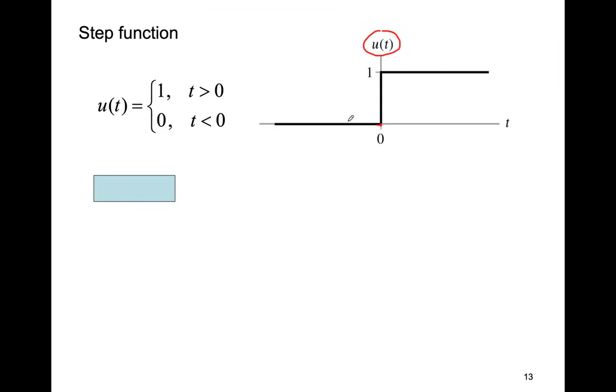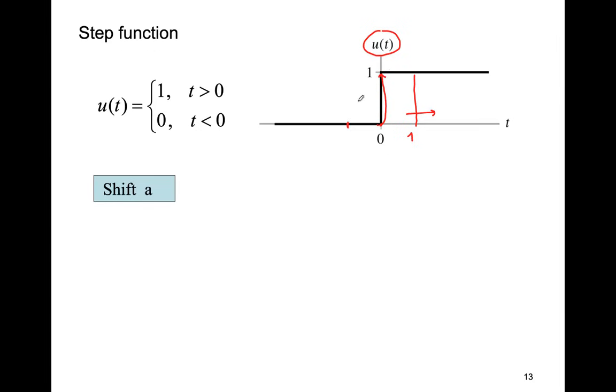It is 0 before 0. It is 1 after 0. For all values after 0, it is 1. For all values before 0, it is 0. There is an immediate jump at this point. So we will use this step function throughout this subcomponent.